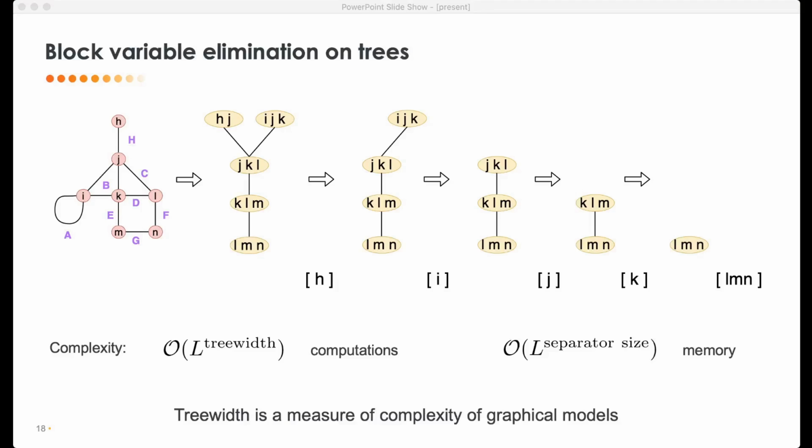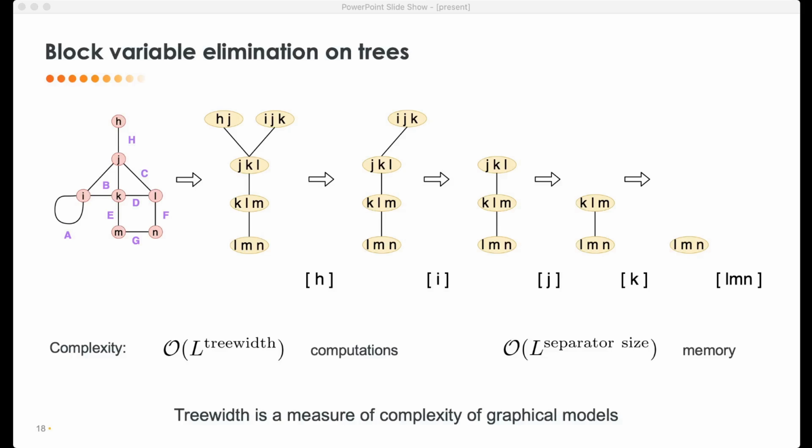After obtaining a tree decomposition with minimal width, we can do variable elimination on the resulting tree instead of the initial graph. The optimal elimination order on trees is to recursively eliminate leaf vertices. This corresponds to the elimination of blocks of variables in the initial graph. In block elimination, at each step, we remove vertices which are in the current bag in the tree and are not shared by its neighbors.